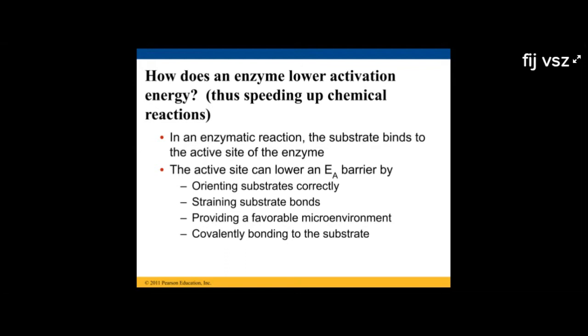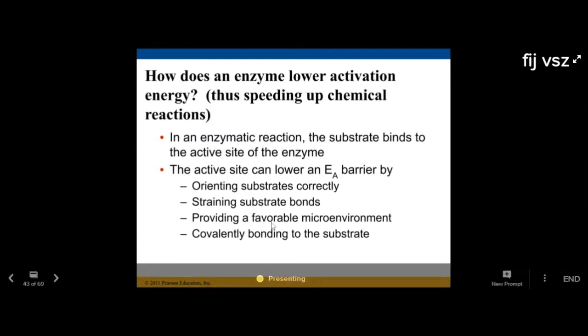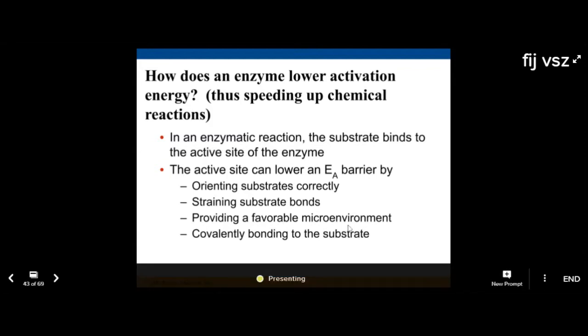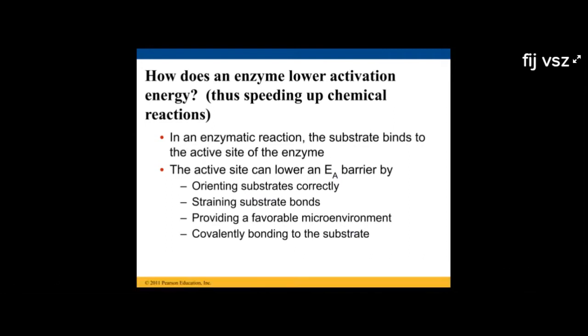Or if you're trying to break something, the active site will tug on the molecule and cause it to break apart. So it provides a favorable microenvironment, and it can also temporarily bond to the substrate and help to pull it apart or rearrange it.